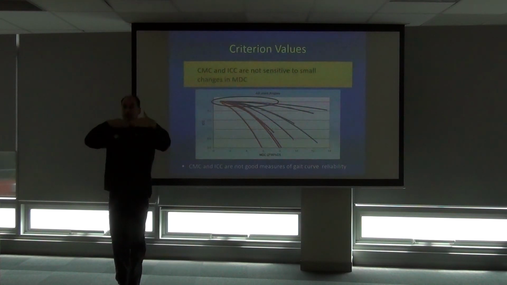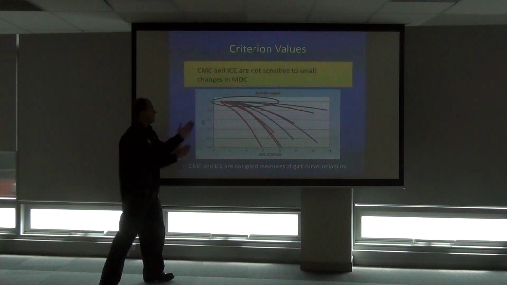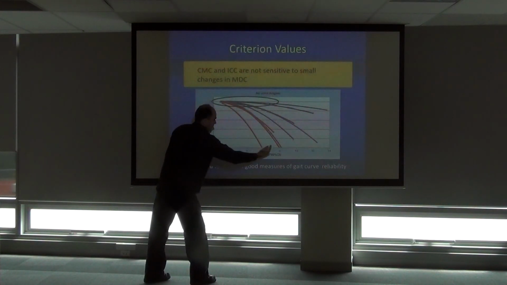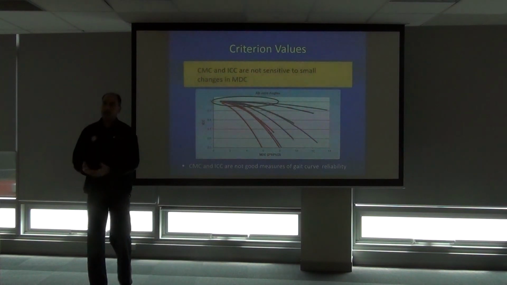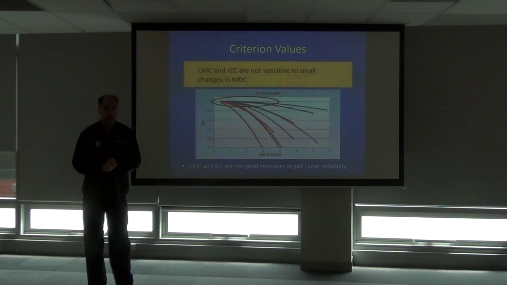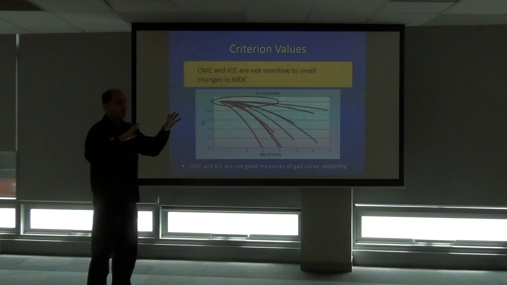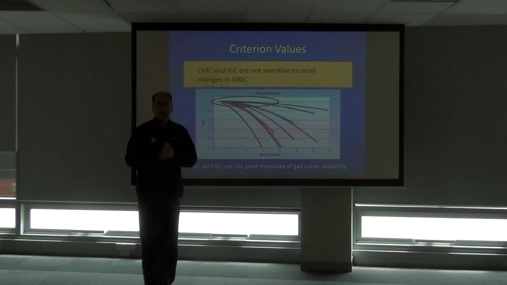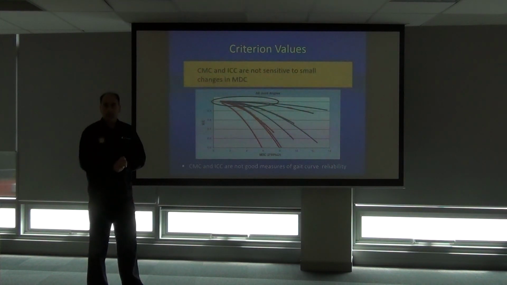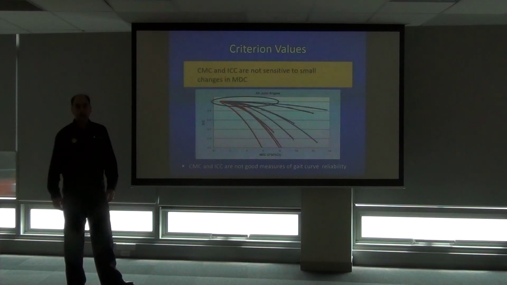That means a little bit of error in your ICC or your CMC, and you could be anywhere along here, anywhere. So basically, they are not good measures for gait, assessing similarity or otherwise, or reliability of gait cycle joint angles. Basically, pretty useless.